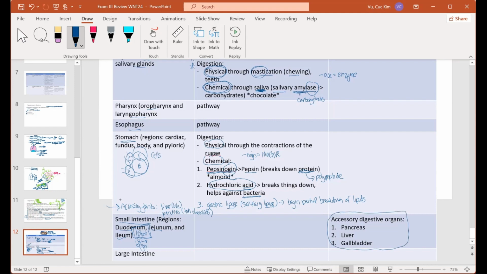So some examples of the chemicals that are produced by the accessory organs and secreted into the small intestine along with the food that has been broken down already include pancreatic amylase. What do you think pancreatic amylase breaks down?